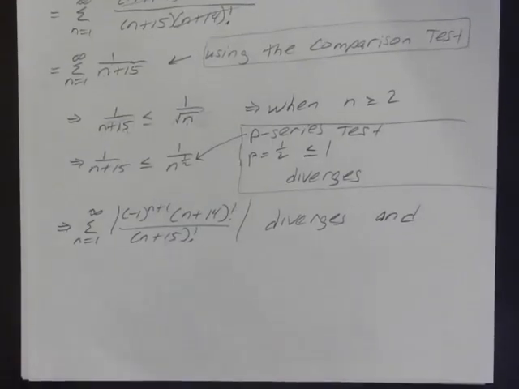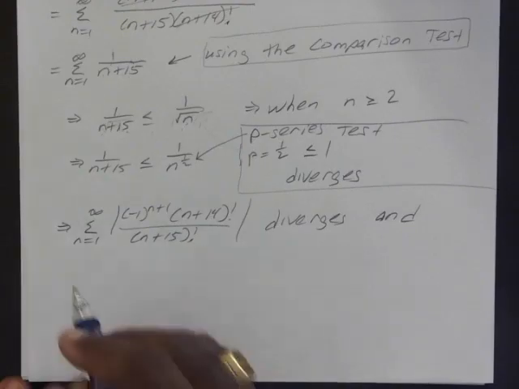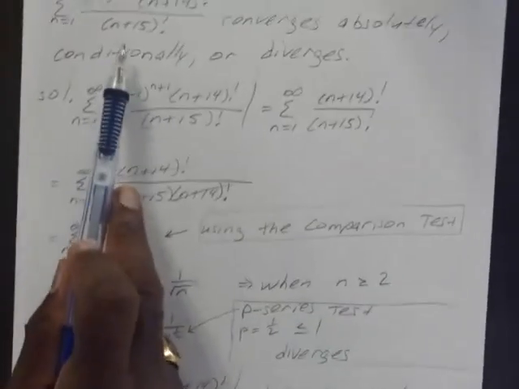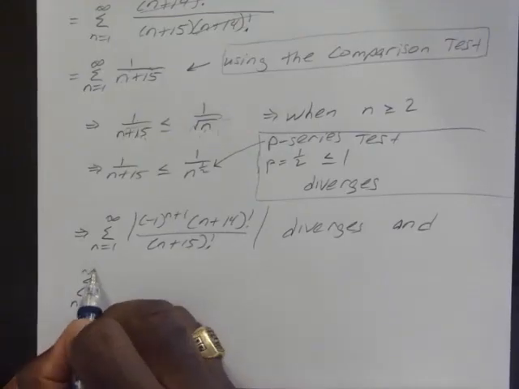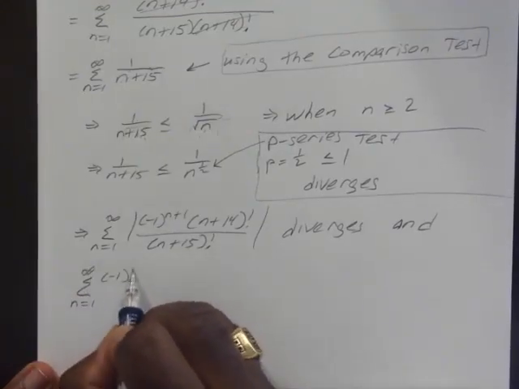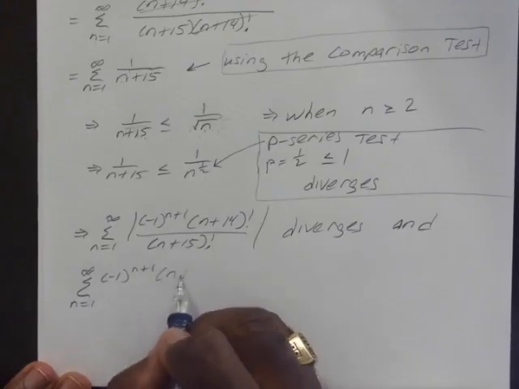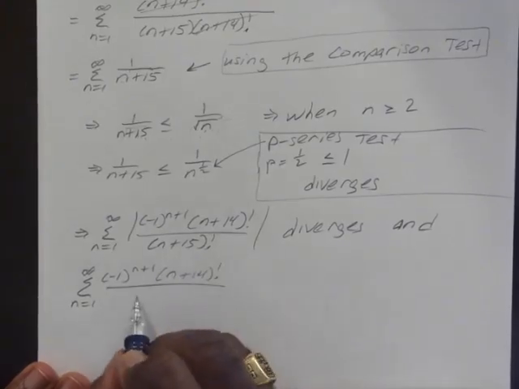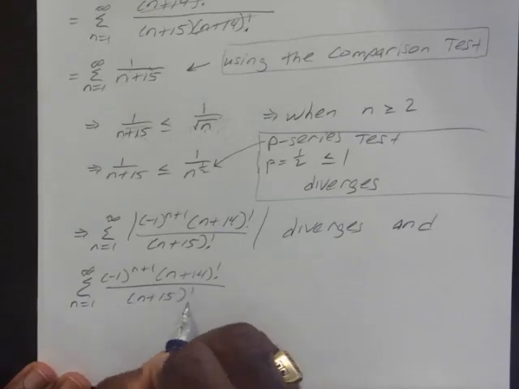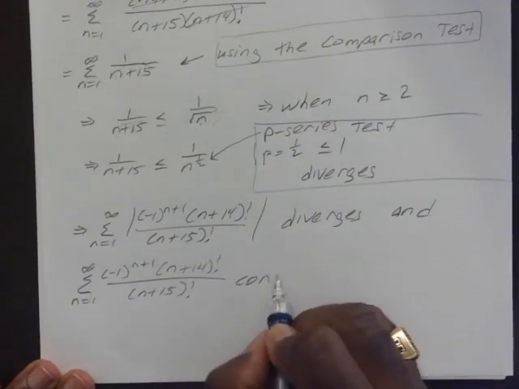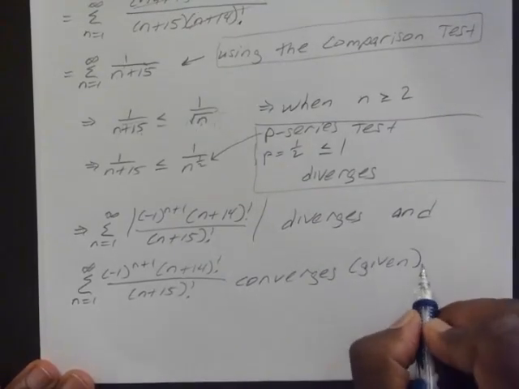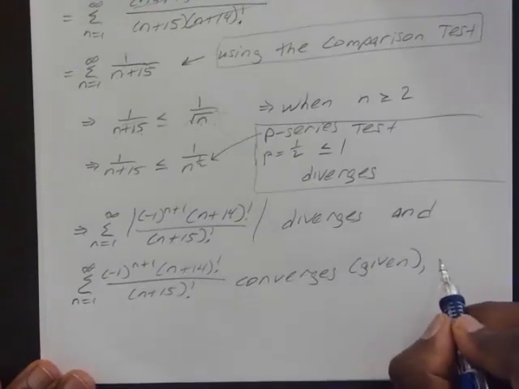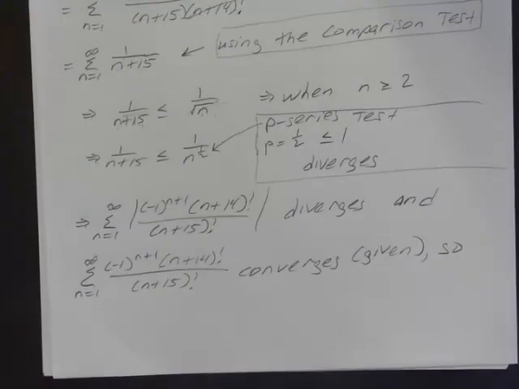So we know that in this case, it's conditionally convergent. You can just write a sub n, or you can write out the whole thing. I'll write out the whole thing. We know the sum from n equals 1 to infinity of -1 to the power of n plus 1 times n plus 14 factorial divided by n plus 15 factorial converges. Again, that was because it was given to us. So we know that it converges conditionally.